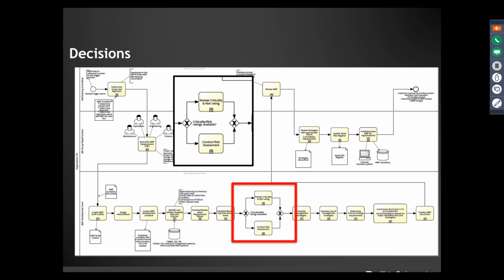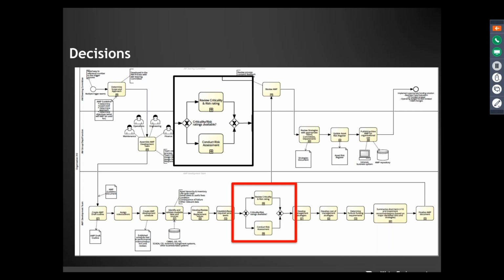This particular process does not have a lot of decision points, unlike many other processes. It's fairly simple for decision making. But here you see an example of a decision point that can define which path this process is going to take. The example is asking the question, are the criticality and risk ratings available? If yes, then you're going to review those for accuracy and relevance.